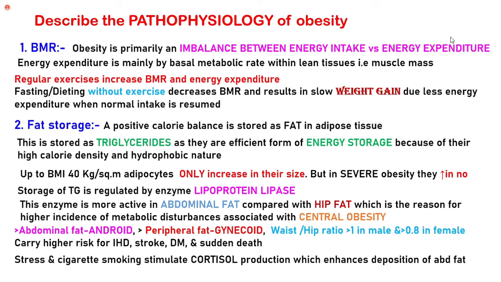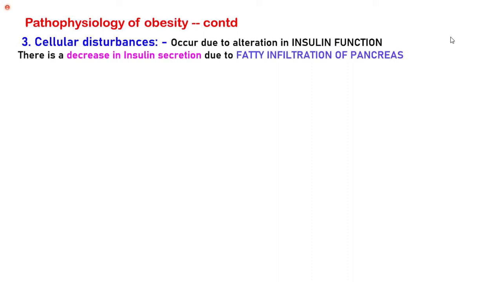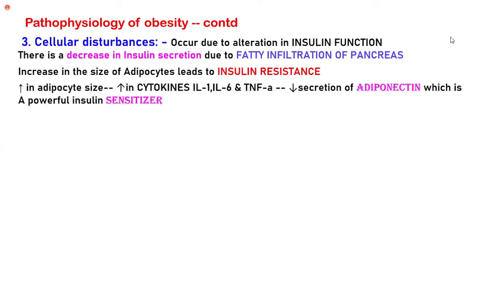And stress and cigarette smoking stimulate cortisol production, which enhances deposition of abdominal fat. So patients who smoke a lot, they can develop obesity. Coming to cellular disturbances, it occurs due to alteration in insulin function, the decrease in insulin secretion due to fatty infiltration of pancreas, and also patients develop insulin resistance.